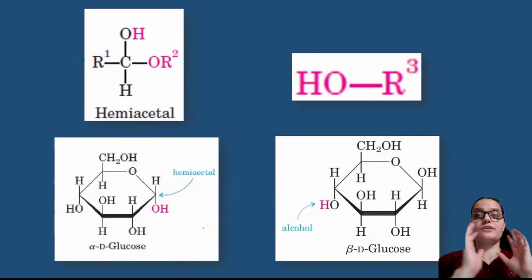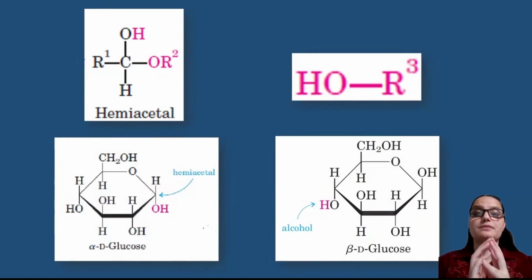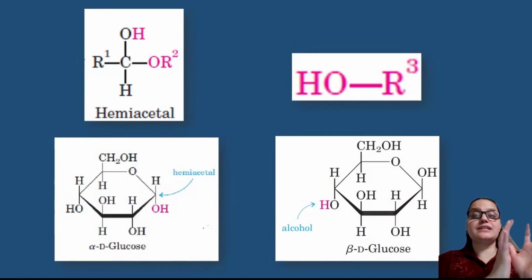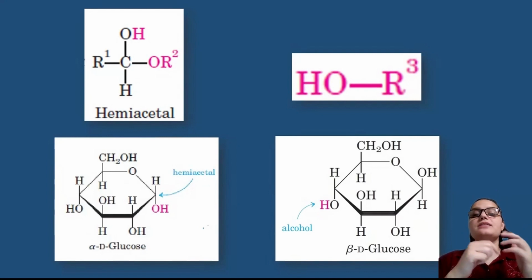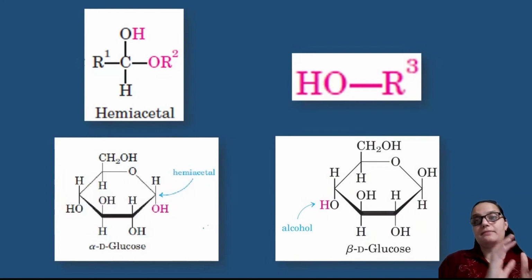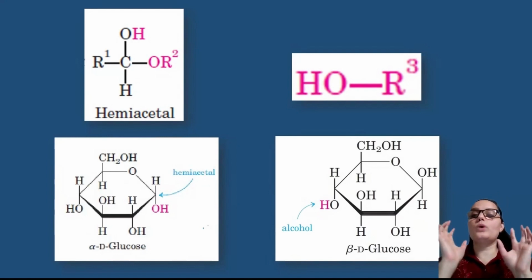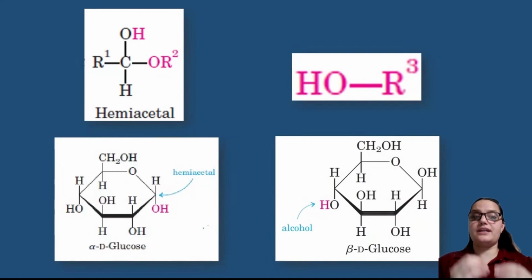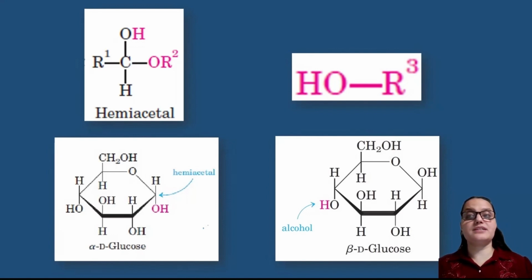So we know that for the formation of the glycosidic bond, the first thing we need is the hemiacetal, and another thing is alcohol. So whenever hemiacetal and alcohol interact with one another, then the glycosidic bond will be formed. If I say the molecule which is going to act as hemiacetal is glucose, and the molecule which is going to act as alcohol is again glucose.